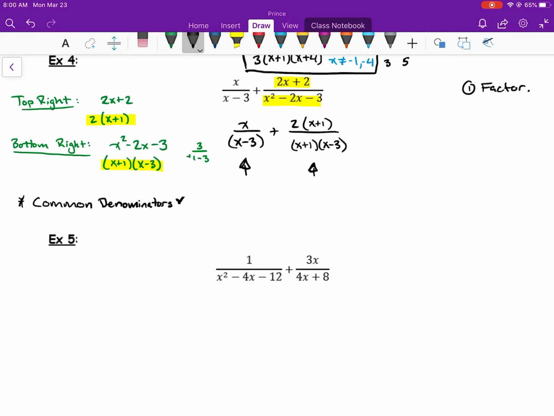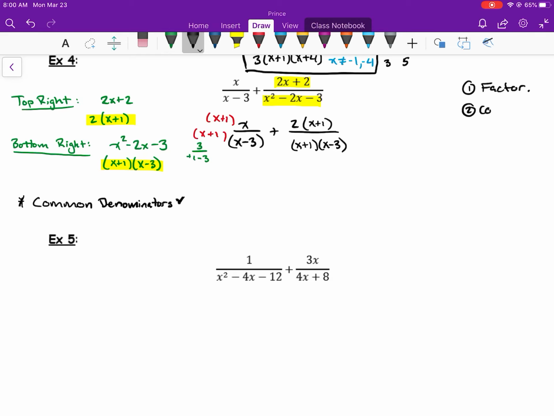On the right-hand side, it has an x minus 3, so we're good. The right-hand side has an x plus 1, but the left-hand side does not. So that means the left-hand side needs x plus 1. Because again, common denominators have to be the same. So what I do to the bottom, I must do to the top.